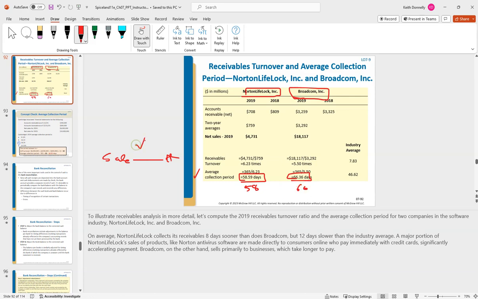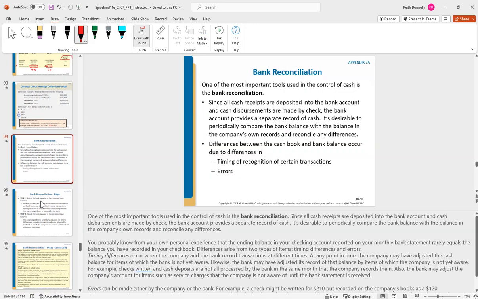Well, we're better. That's good. We're quicker. We get that cash inflow. But if we look at the industry average, we're behind the industry average. And if we looked at the average company, they're getting it almost 12 days quicker than we get it. So you can see how these ratios can be used in a comparison capacity.